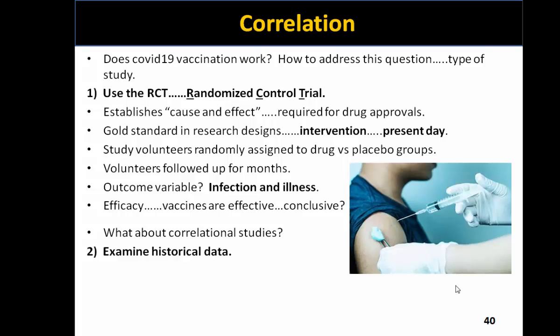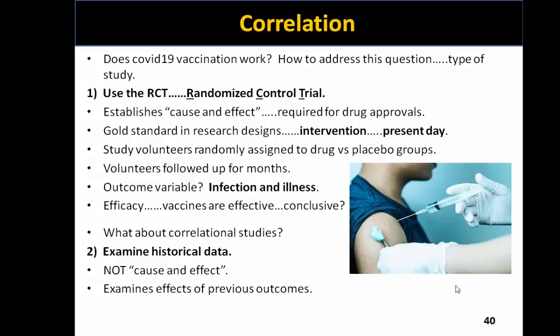Correlational studies, it is important to know that we would be using that approach to examine historical data. This is not cause and effect, but that does not necessarily dismiss this study design as one that could potentially add some meaningful interpretation to these types of research questions.